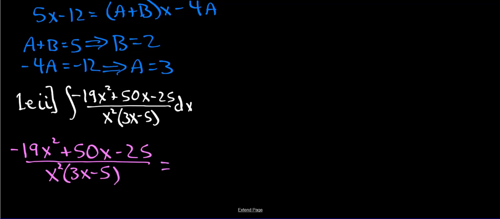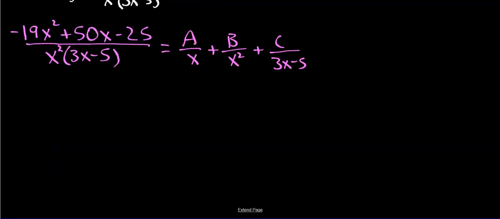So let's start our decomposition. A over x plus b over x squared plus c over (3x minus 5). Okay, now we can start the process.